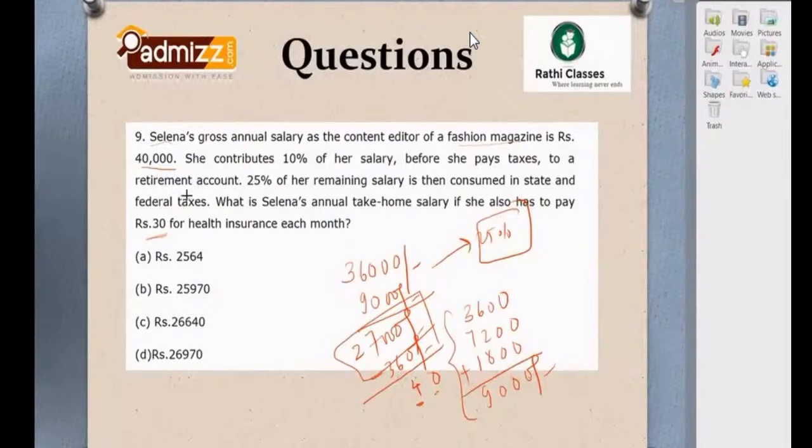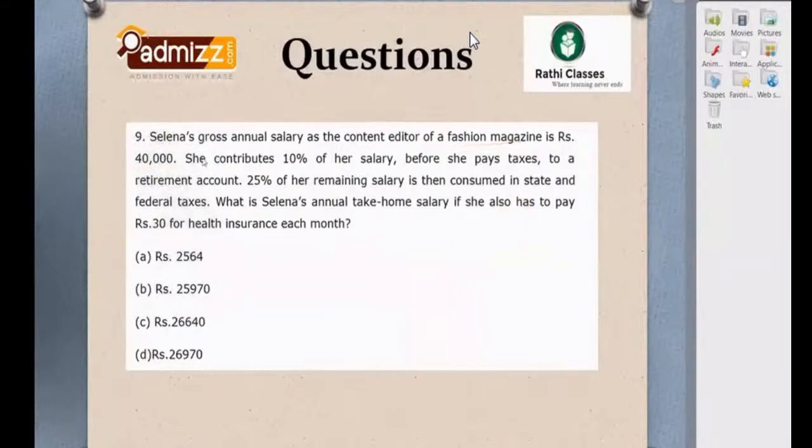If 10% is 3,600, then 5% is half of that, 1,800. So for 25%, you need to add 20% plus 5%. That is 7,200 plus 1,800, that is 9,000. Now 36,000 minus 9,000 deducted for taxes would be 27,000. Now from 27,000 you need to subtract 360. Once you get that, the answer would be C.